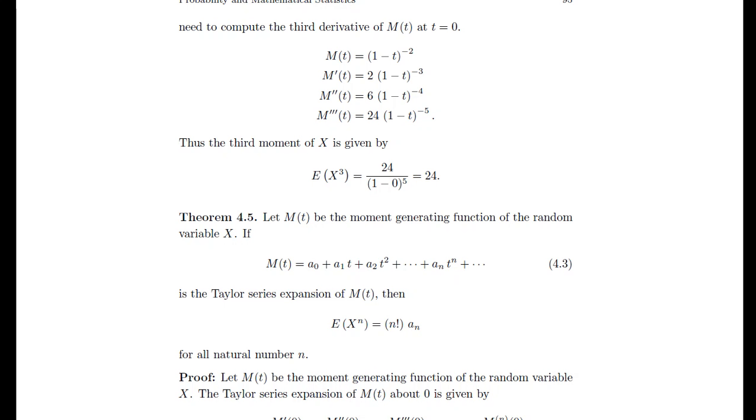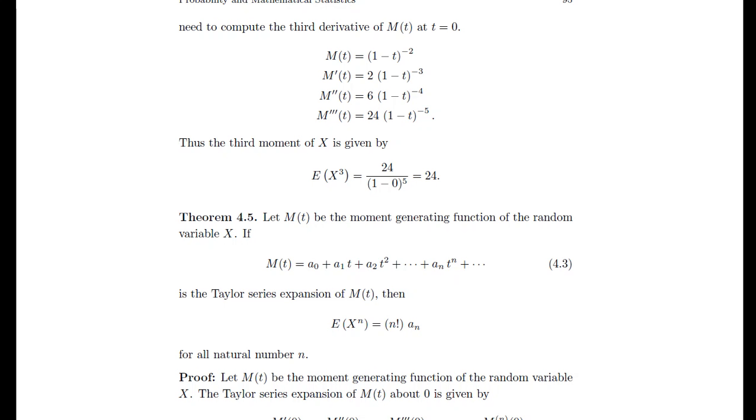The moment generating function is equal to 1 minus t to the power minus 2, and the first derivative is equal to 2 times 1 minus t to the power minus 3, and the second derivative is equal to 6 times 1 minus t to the power minus 4, and the third derivative is equal to 24 times 1 minus t to the power minus 5.